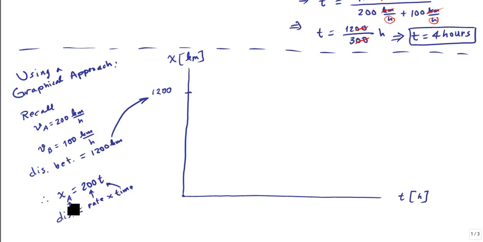So this is just the graph of a straight line having a slope of 200. So it's going to have some kind of a slope. Let's suppose it's doing something like this, such that this is representing 200 kilometers, and this is for train A.